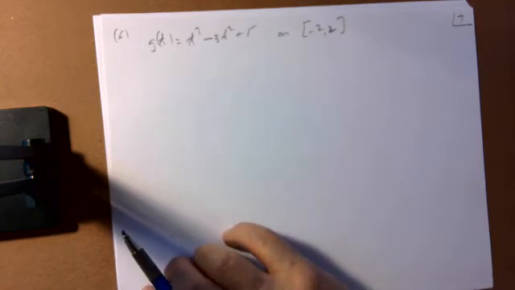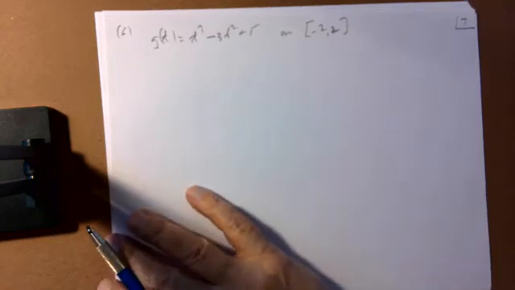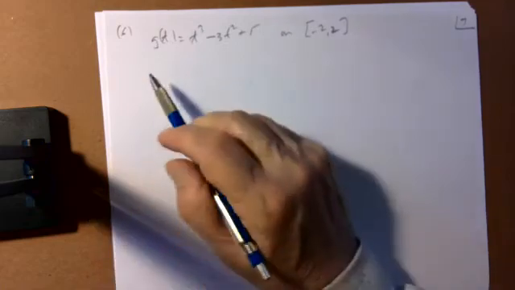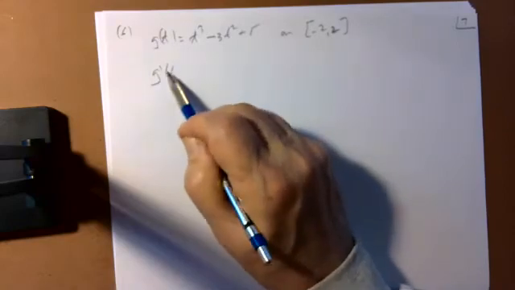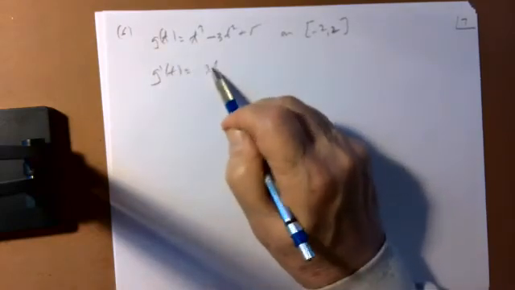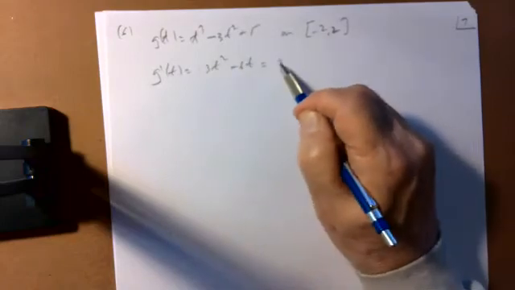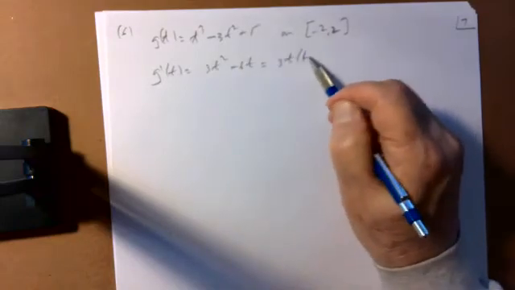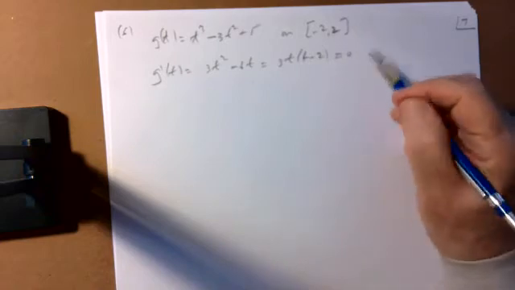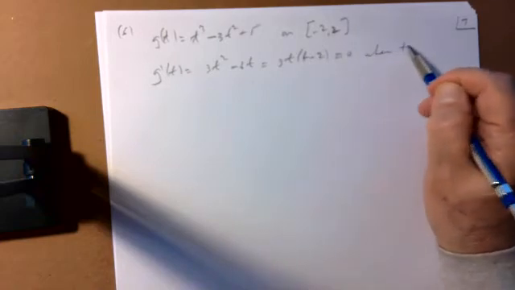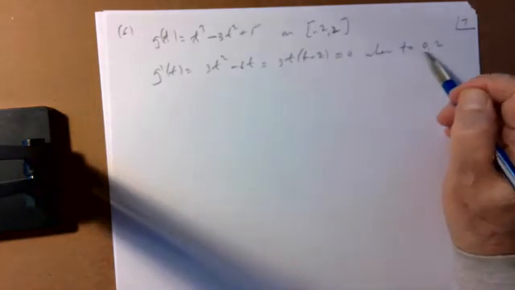So we have to find the places where the derivative is 0, calculate the function there, and also calculate the function at the endpoints. So what is the derivative? g prime of t is 3t squared minus 6t. That's 3t times t minus 2, and that's equal to 0 when t is equal to 0 or 2.